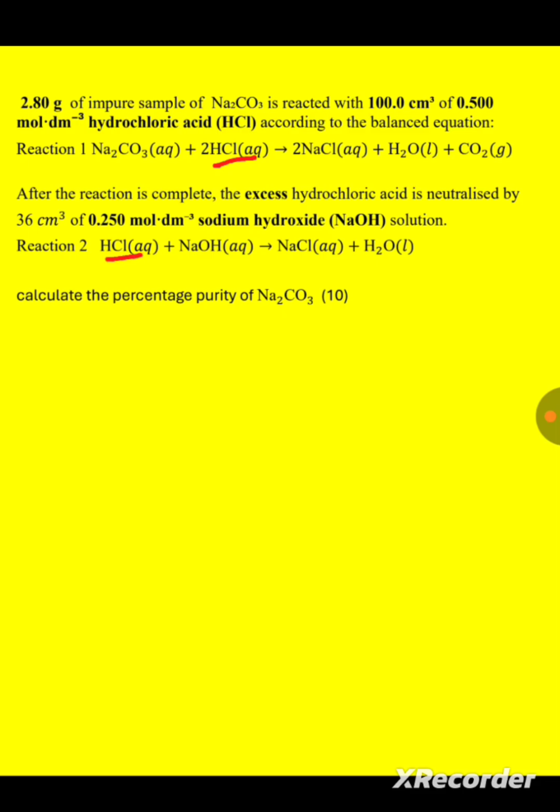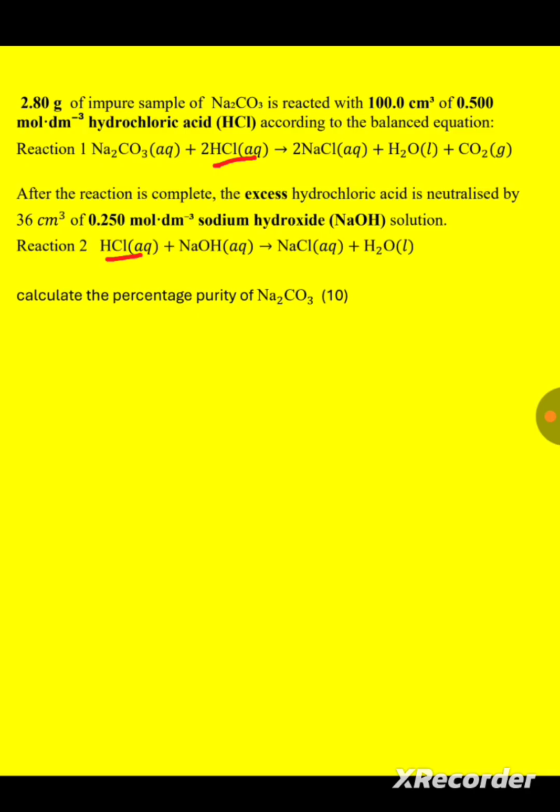So they say that we are given 2.8 grams of an impure sample of sodium carbonate. It's reacted with 100 cubic centimeters of 0.5 mole per cubic decimeter hydrochloric acid.